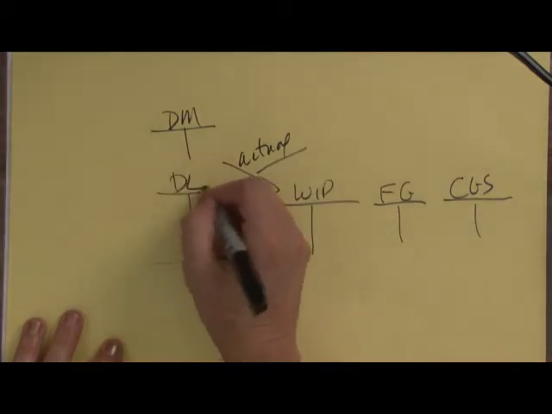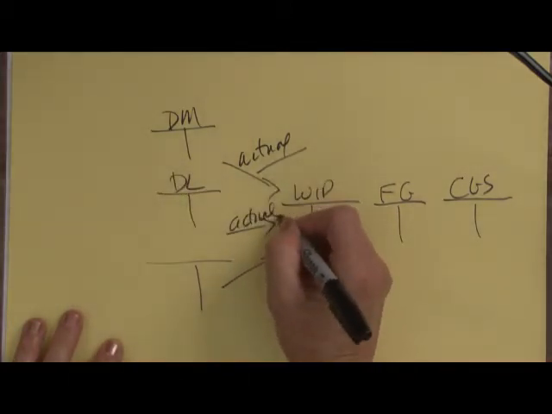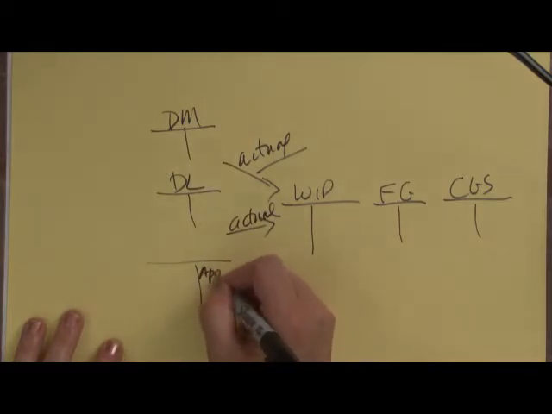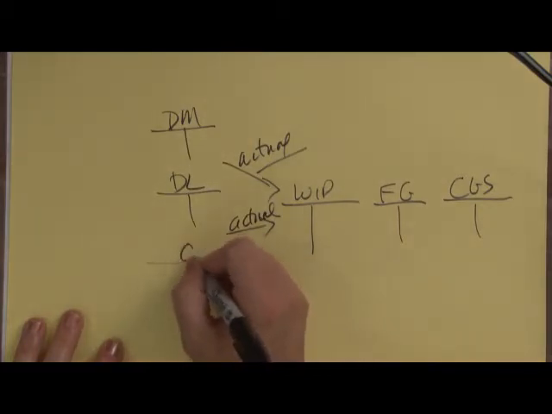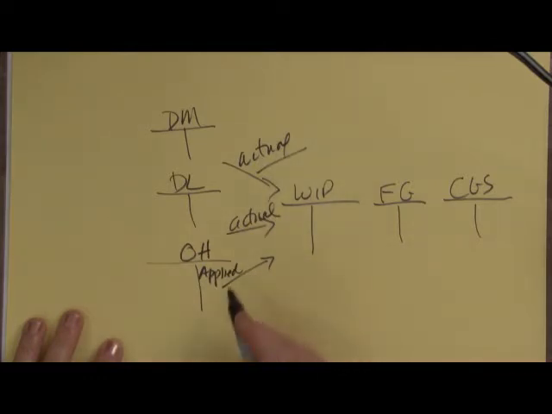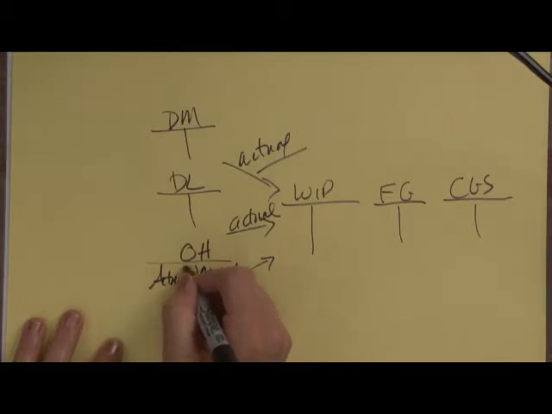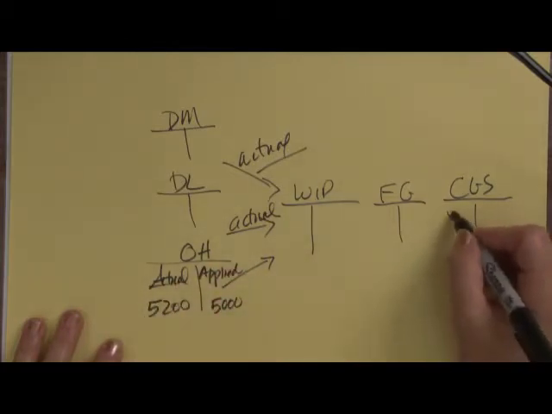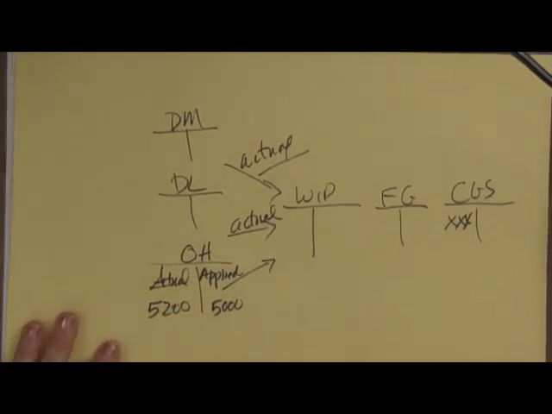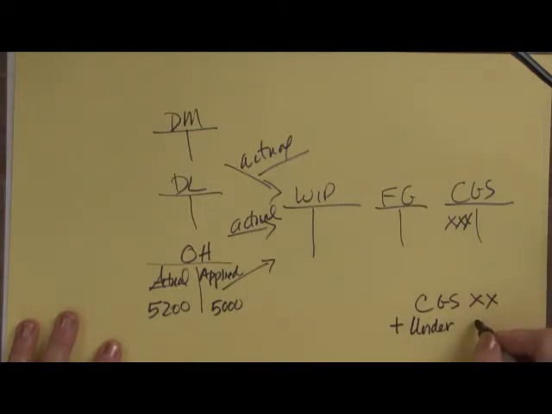We know that direct labor represents actual labor, but in this case for overhead, we're going to use our predetermined overhead rate. And in this case, again, we sent through 5,000. We underapplied by $200. So whatever cost of goods sold ends up being, we will have to take that number and add any amount that has been underapplied in terms of the overhead.